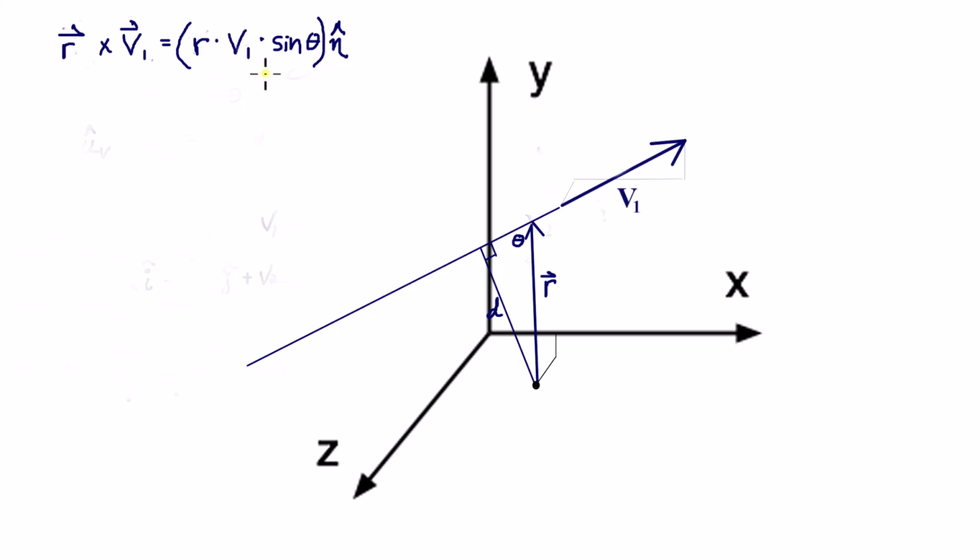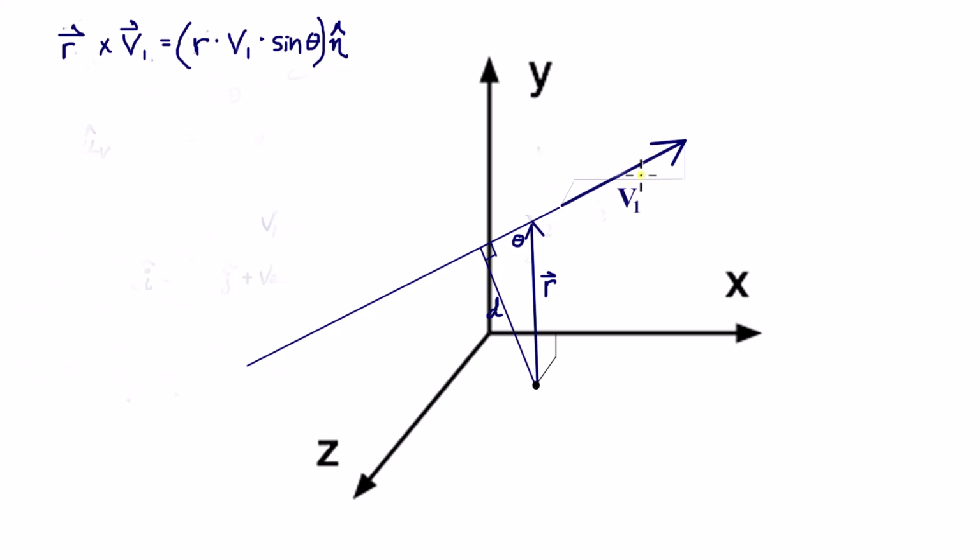But remember, our goal here is to calculate the magnitude of the tendency to cause rotation. There are two different directions that the rotation can be going. And furthermore, how do we represent that direction of rotation as a vector? Well, we say that direction is the axis of rotation.